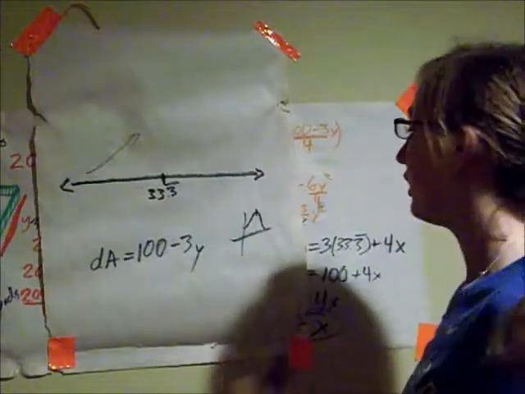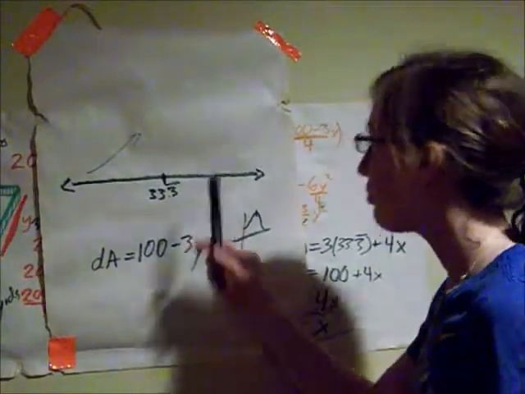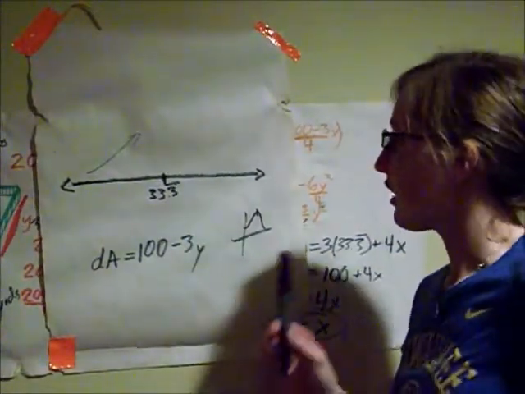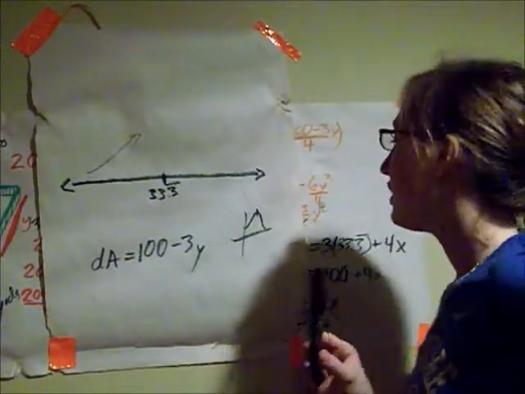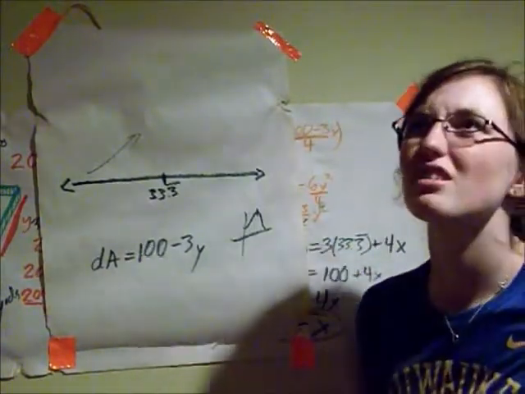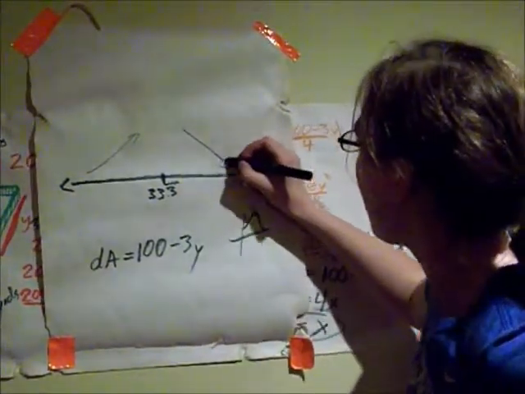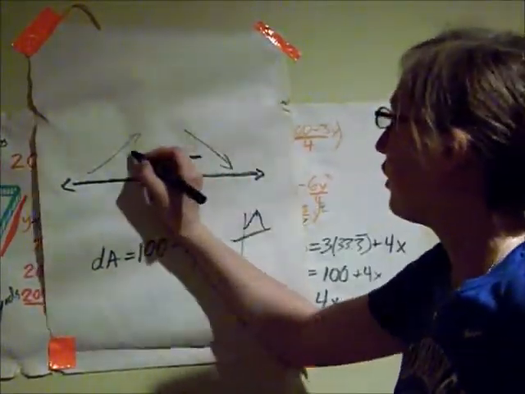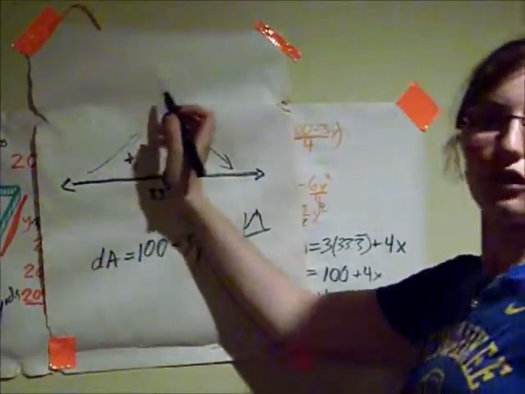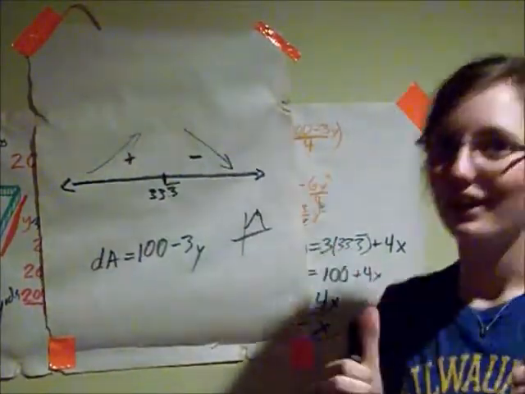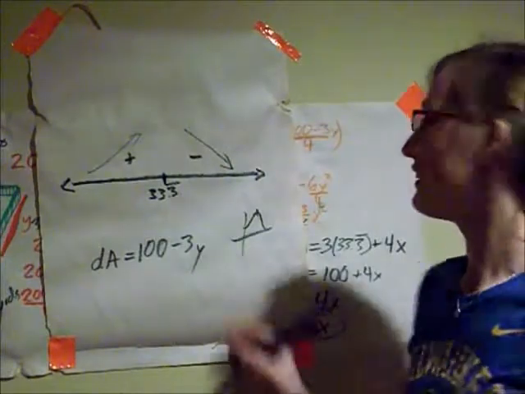Right? We're going to plug in a number that's bigger than this one. Let's go with 1,000,000. 1,000,000 times 3, 100 minus 3 million, that's definitely negative. So it's going to go this way. Positive slope, negative slope. Yeah, we got this.